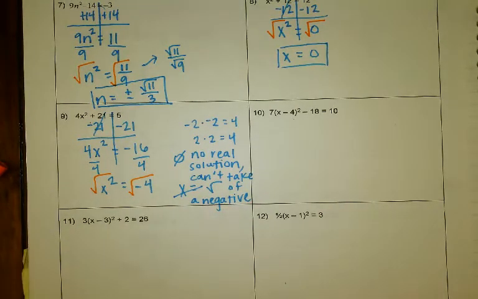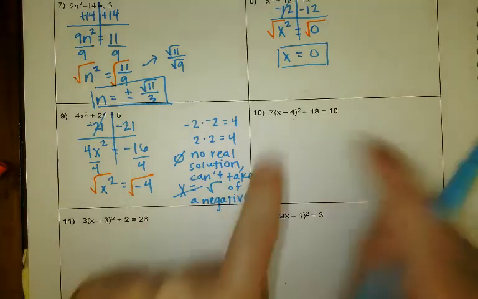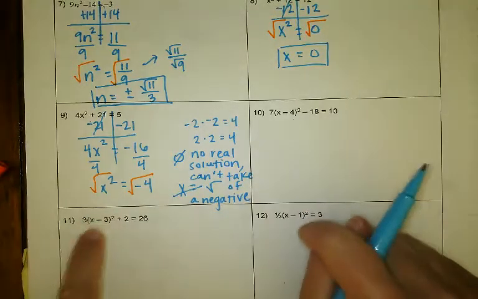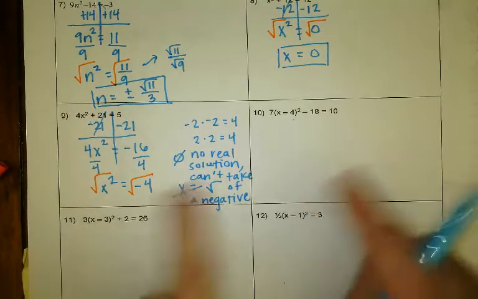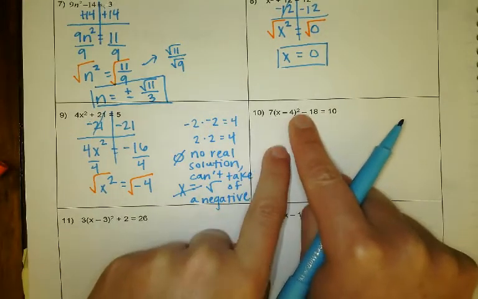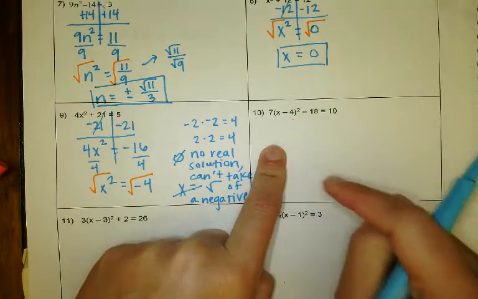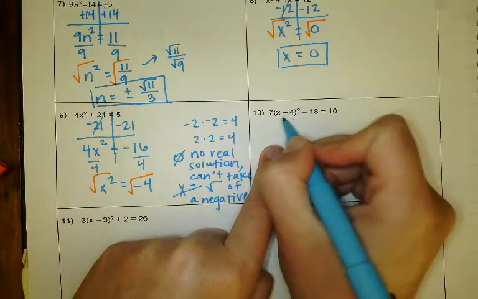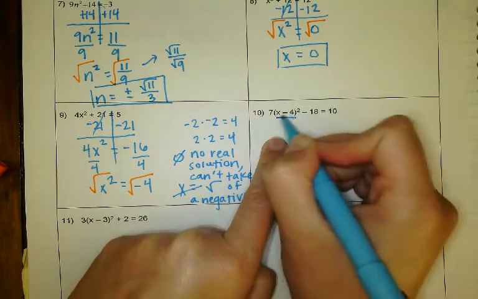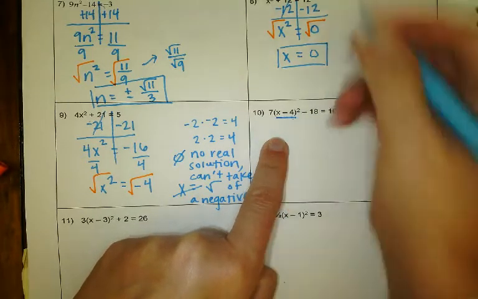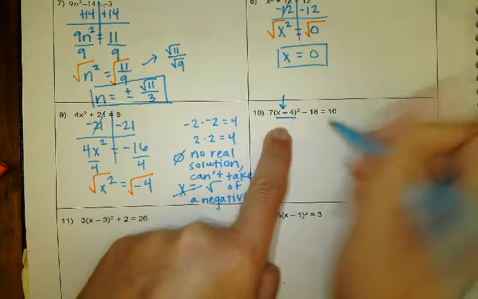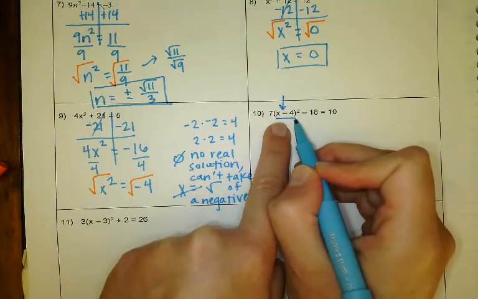Okay, the only other way you might see a problem like this is 10 through 12. You'll notice that these problems all have parentheses that are squared. So it's not just an x squared, it's this whole expression of x minus 4 squared. We are going to try to get that expression by itself.